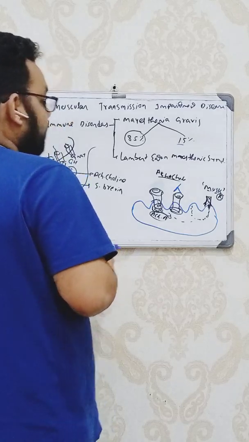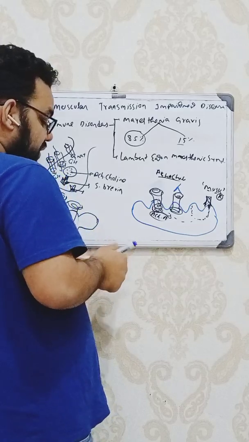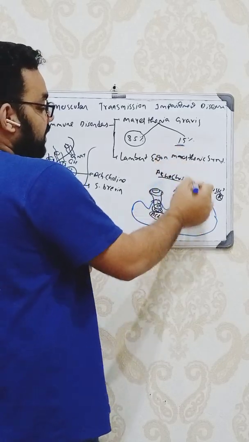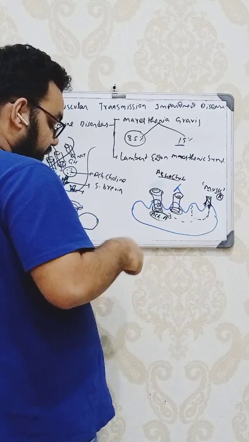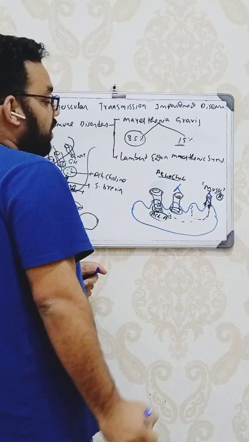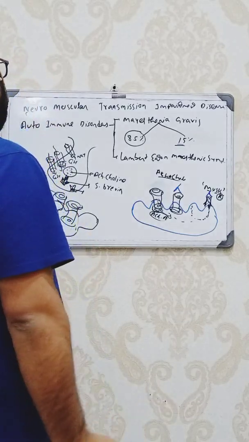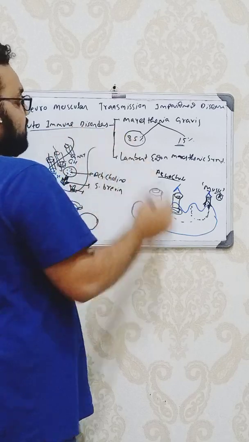Now we'll see that the 15% of people will have antibodies against this MuSK protein. So these are the different causes in neuromuscular transmission, especially whenever autoimmune disorder is concerned.